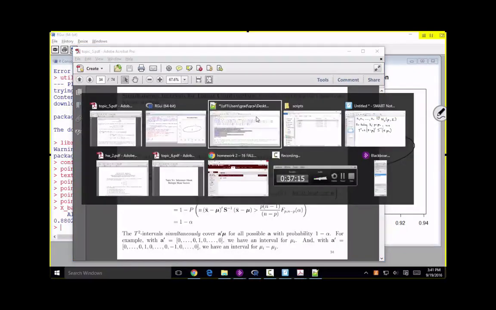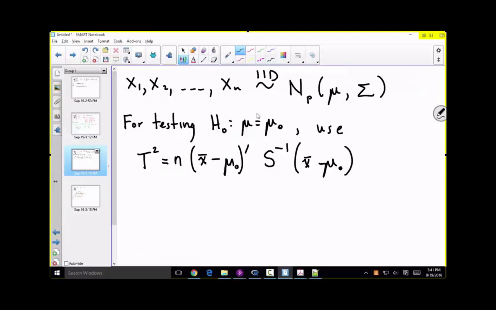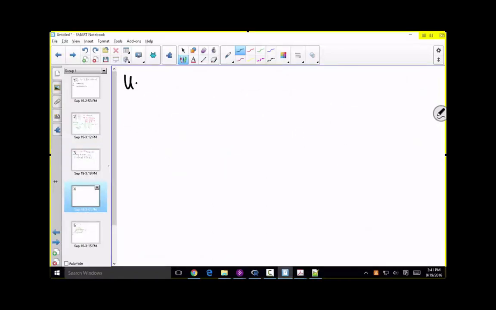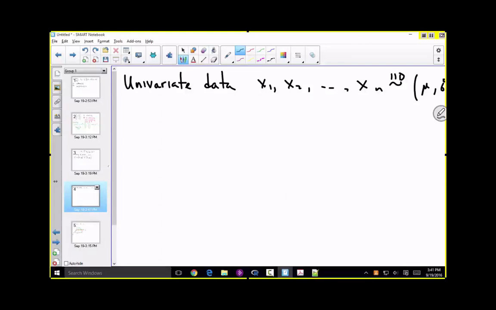When we have univariate data, x1, x2, through xn, we'll say they are IID from some distribution with mean mu and variance sigma squared. Then a 95% confidence interval for mu would look like x bar plus or minus a t critical value.